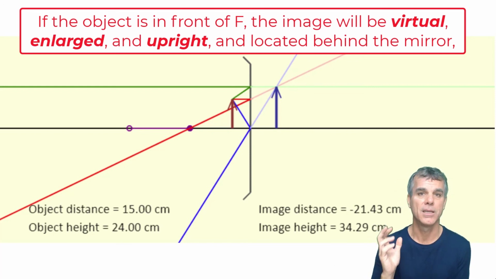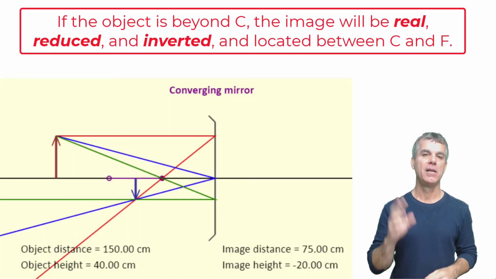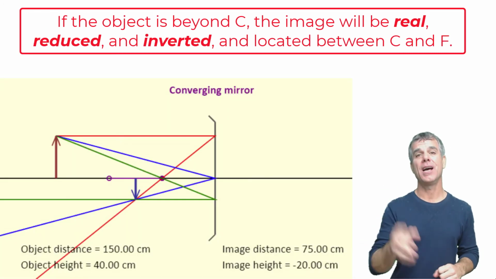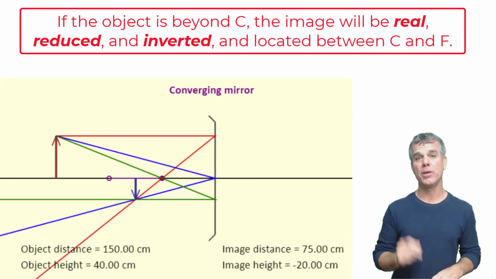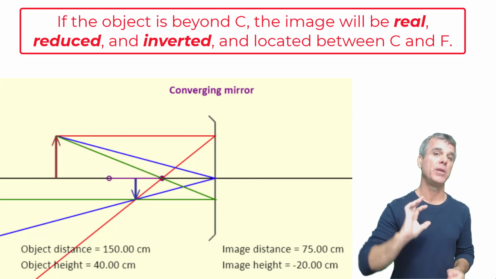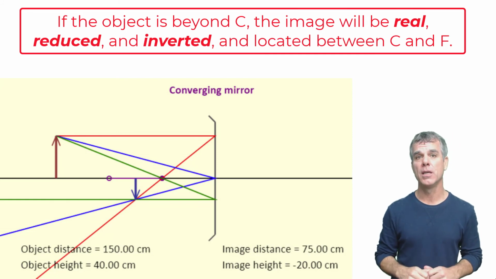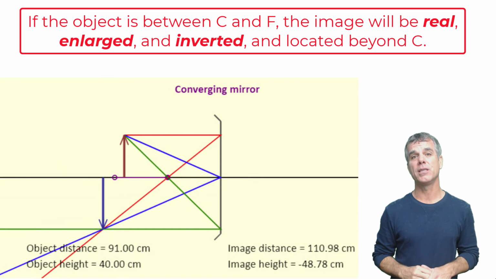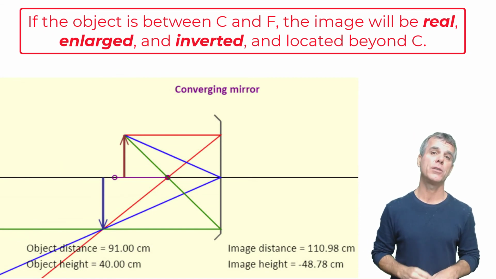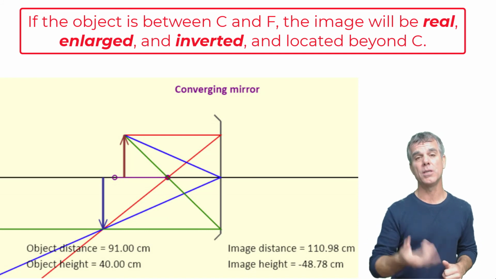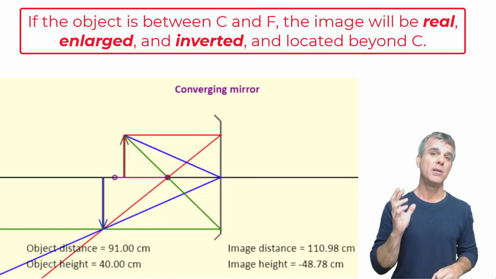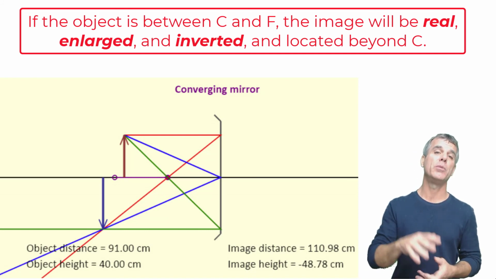In summary, if the object is beyond the center of curvature, the image is going to be a real image, which is going to be inverted relative to the object and is going to be reduced in size. If the object is between the center of curvature and the focal point, again, we're going to get a real image, which is inverted relative to the object, but in this case, the image is going to be enlarged.